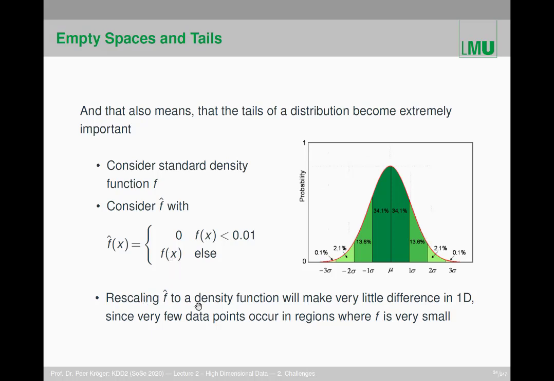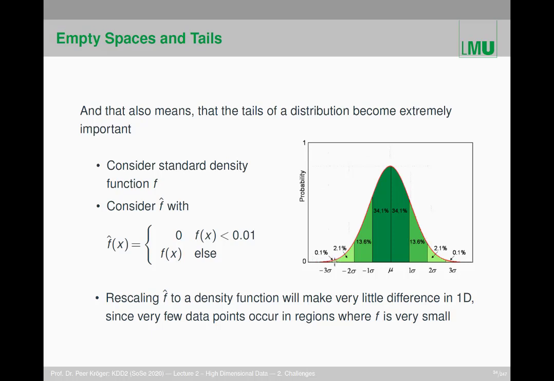Rescaling f prime to a density function will make very little difference in 1D, because very few data points fall into this first case. For most values of x, f of x gives a probability of more than 1%, which is something down here.